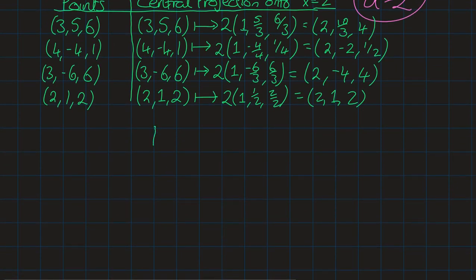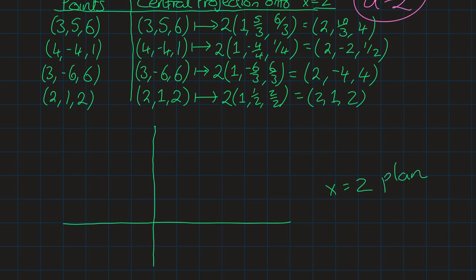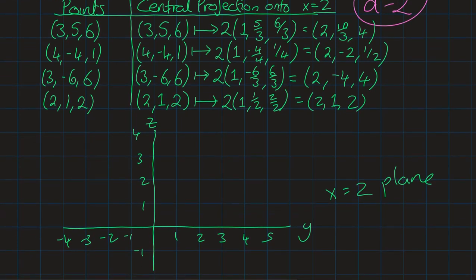So you just draw coordinate axes, something like this, and this is going to be the x equals 2 plane, which means that this is going to be y, this is going to be z. I'll label the axes a little bit. Okay, so let's get to work plotting these points.